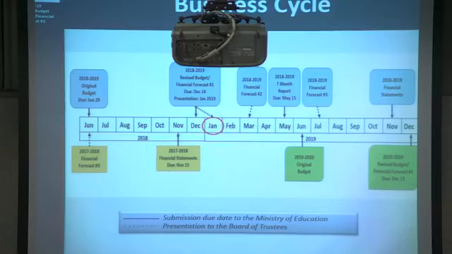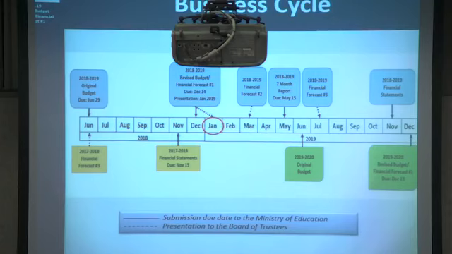The gold boxes below represent last year's reporting, and the green boxes below represent next year's reporting. Now, our cycle began on the left with the submission of the 2018-19 original budget. That went into the ministry last June 2018. The submission represents the budget that the trustees approved on May 23rd, 2018.